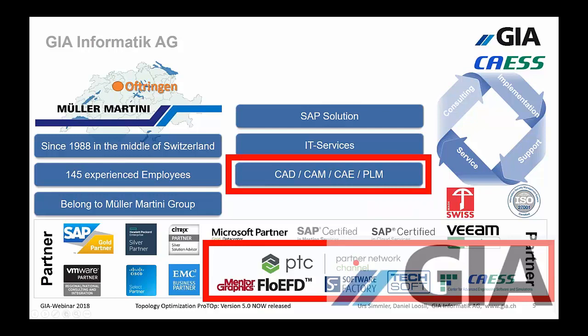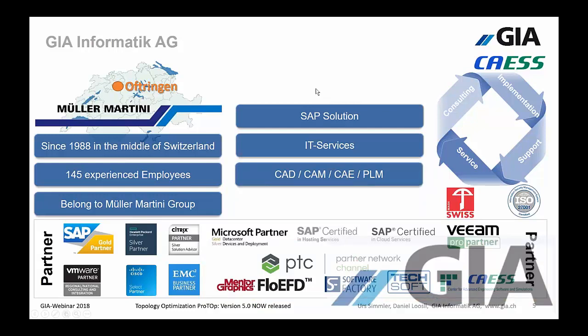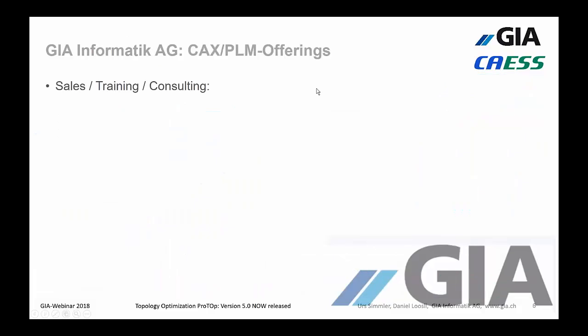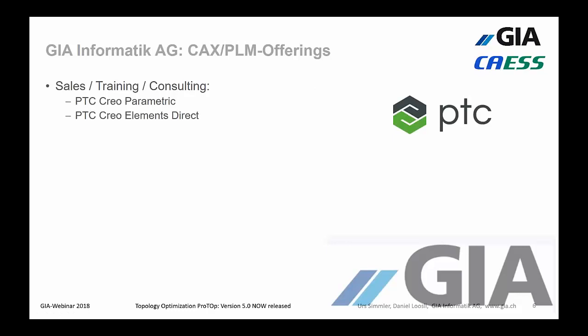Here you can see some of our software partners. As I mentioned, we are doing sales, training and consulting mainly with PTC products: PTC Creo Parametric, Creo Elements Direct, Windchill, MathCAD, ThingWorx, Gate.